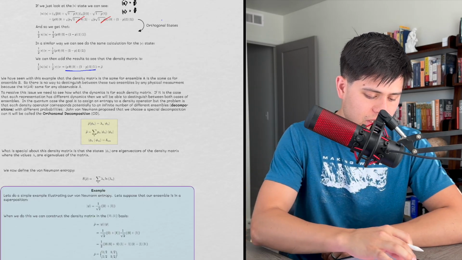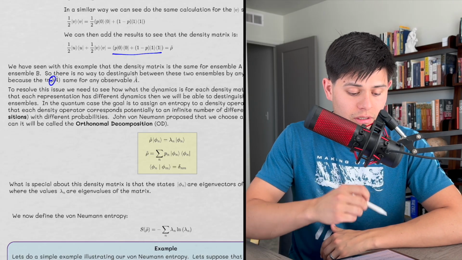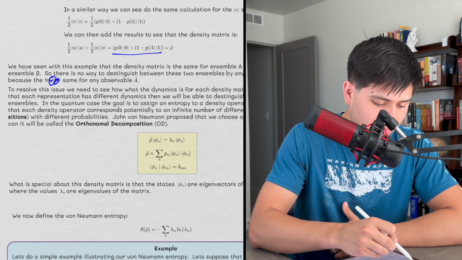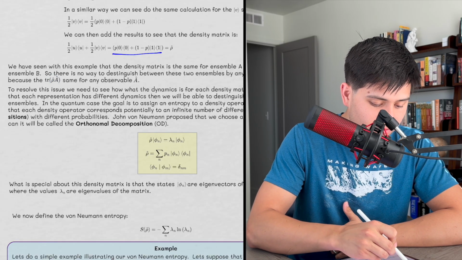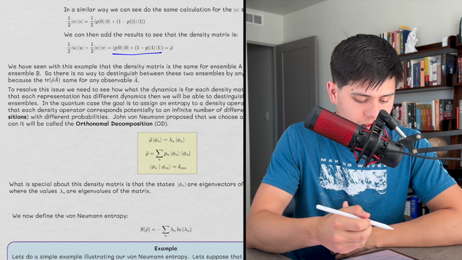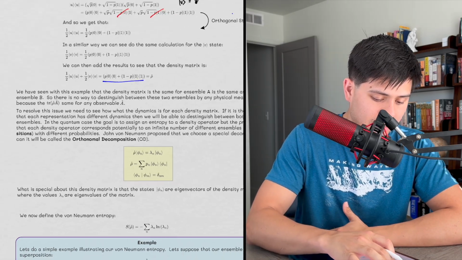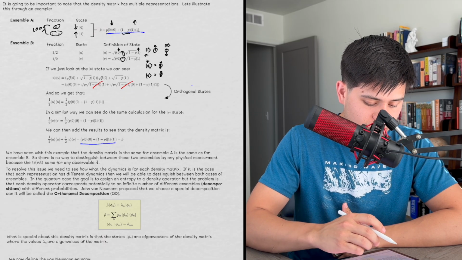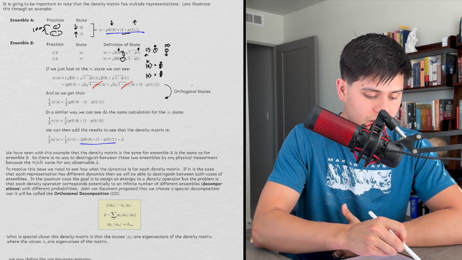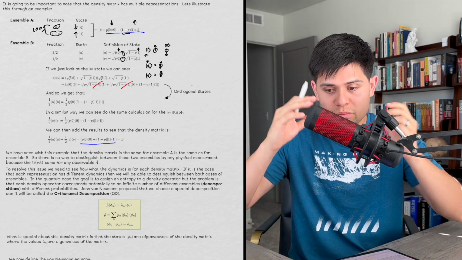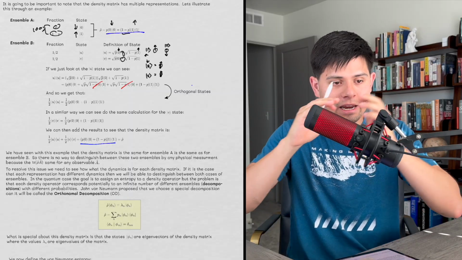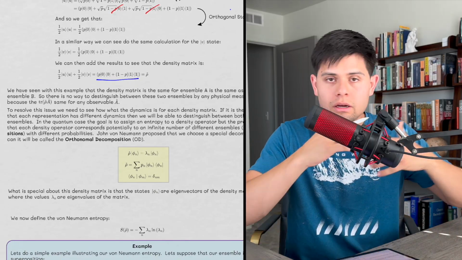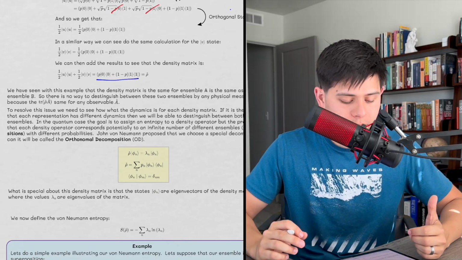This is, again, because the trace of the density matrix multiplied by some arbitrary observable, A, is going to be the same for any observable, because, again, these density matrices are the same for ensemble A and ensemble B. So, again, we're multiplying x by A and x by B, where x is the same in both situations, and so there's nothing distinguishable between the two.